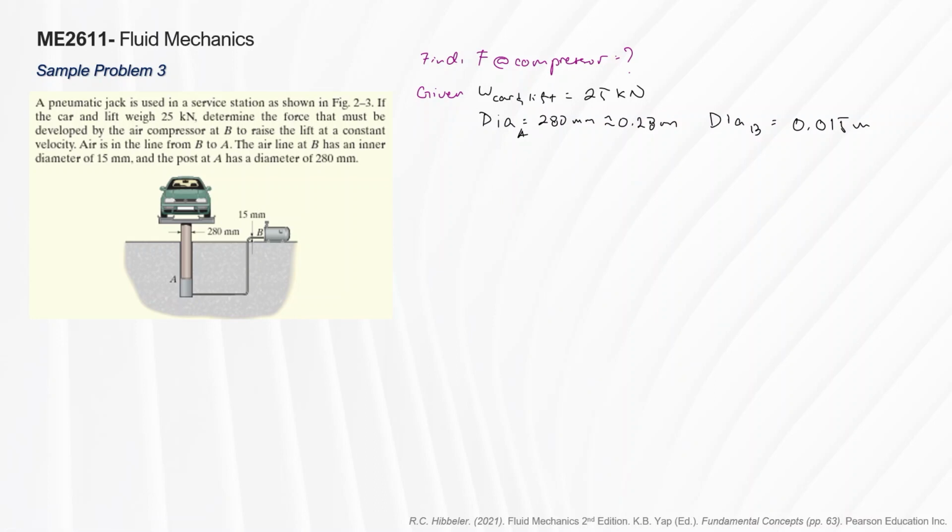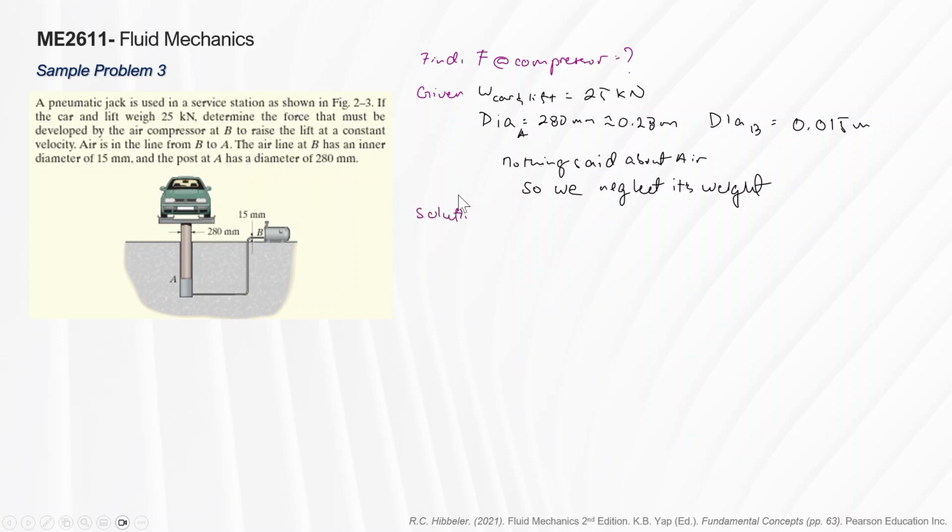We know that the diameter at point B is 15 millimeters, so that's 0.015. Just checking now, yep, 0.015. And then what's next? Having said air, we neglect its weight.